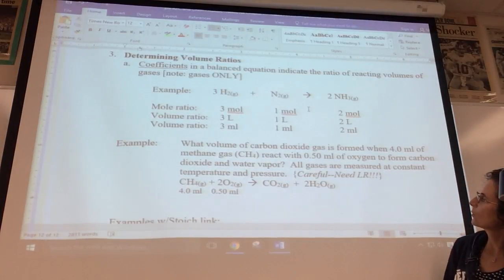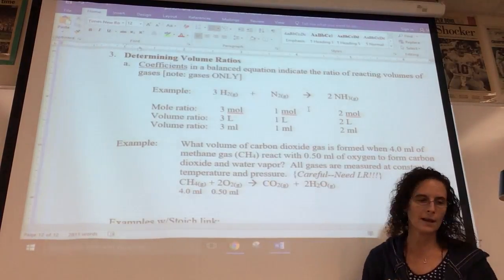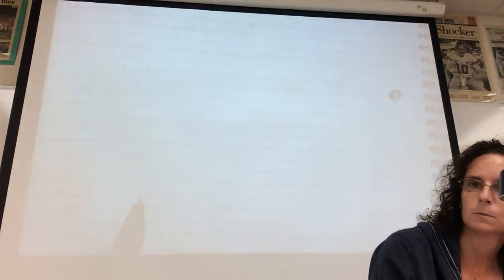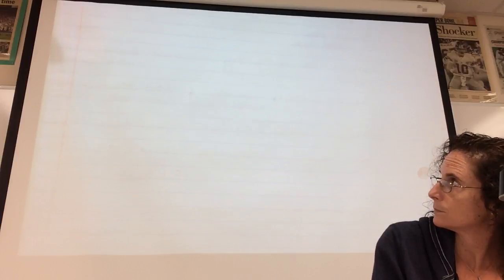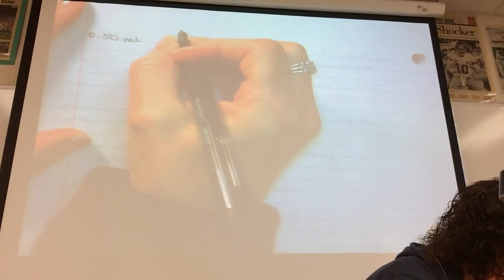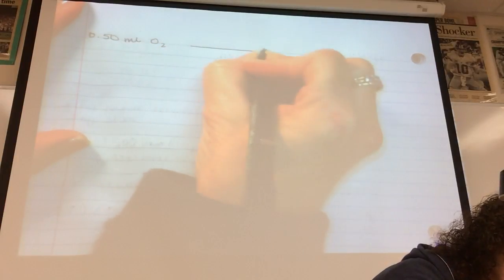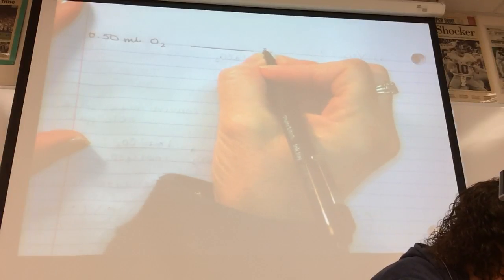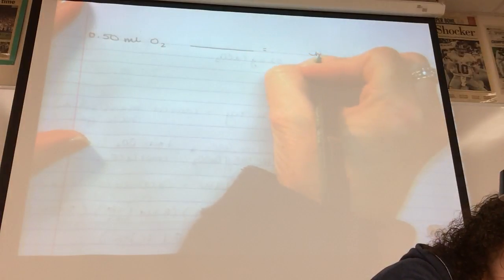And what you want to know is the volume of CO2 that should be generated. So what you're looking at here is if you have half a mil of oxygen gas, and you want to know the volume of CO2, keep it in mils, it's easier.